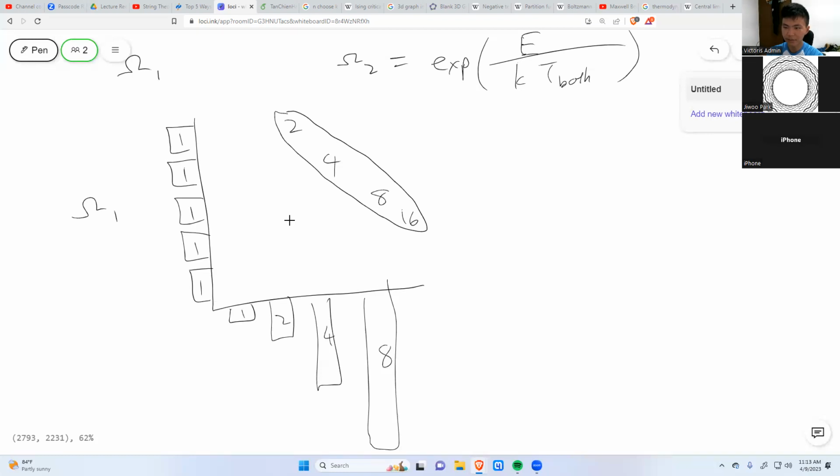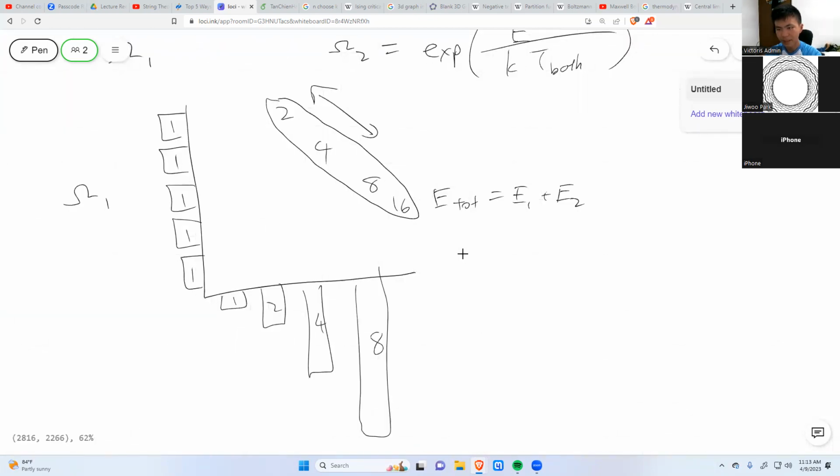So if I look at a diagonal, if I constrain the total energy to be constant, the composite system can move along this diagonal, and statistically it'll prefer the ones that occur most. The ones it'll tend to most are the ones that have higher microstates, and these correspond to lower energy in the first distribution.